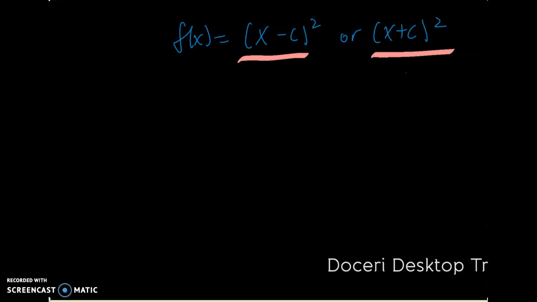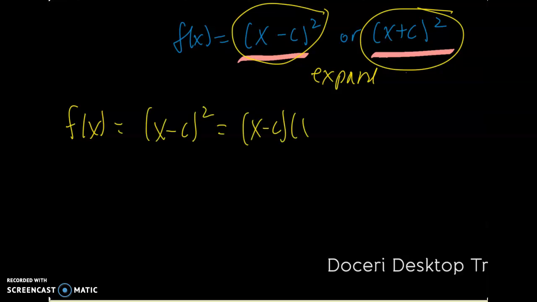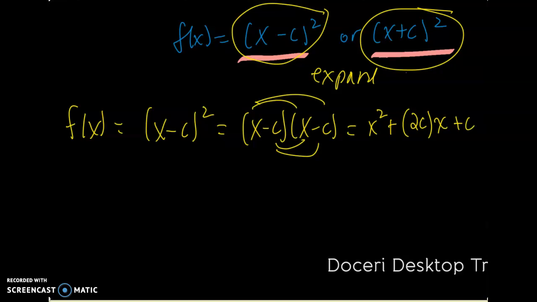So one thing I wanted to just show you real quick is if we were to expand these two, right? In order for it to factor nicely like this, then it must look like the expanded form. So the first one, if you were to expand it, it's going to be x minus c times x minus c, and you perform the distribution, you're going to get x squared minus 2cx plus c squared.